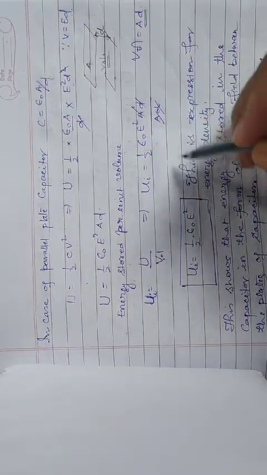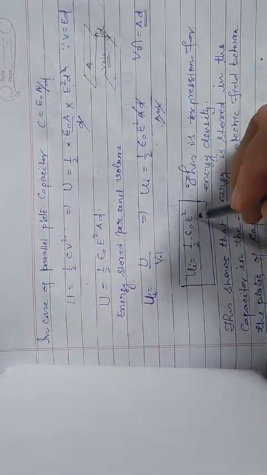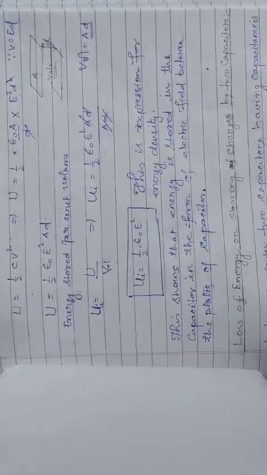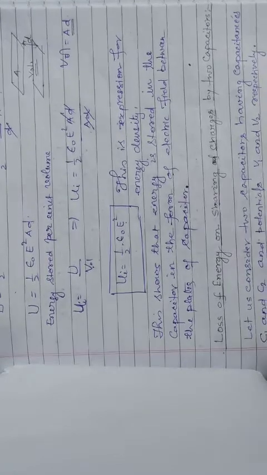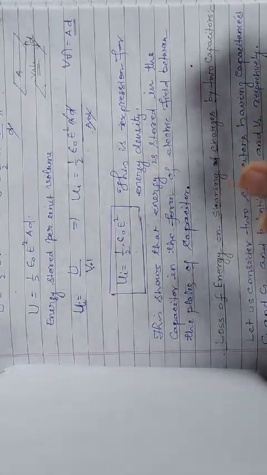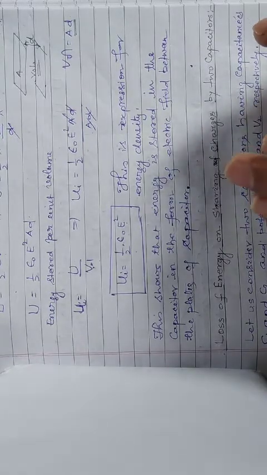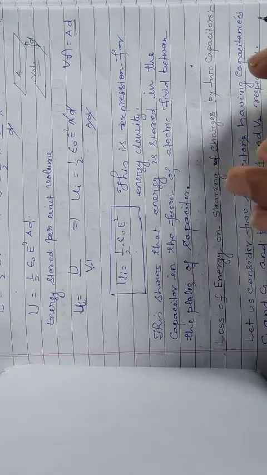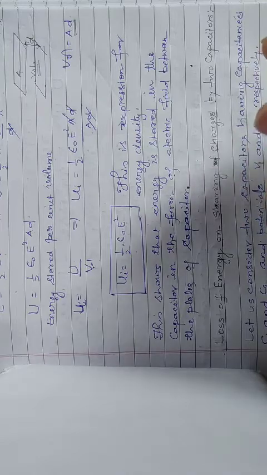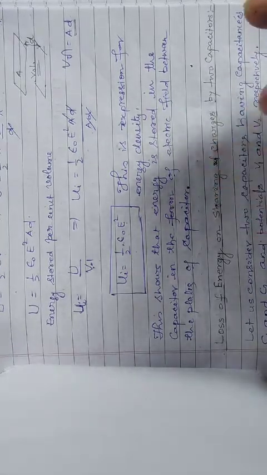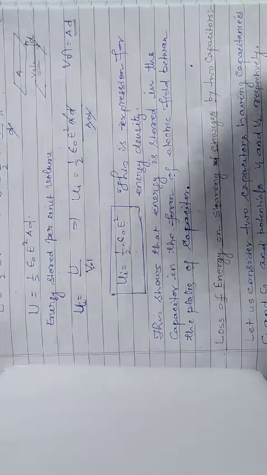Put the values, you will get half epsilon naught E square. This is the expression for energy density, from which we come to know that the energy stored between the plates of the capacitor is stored in the form of electric field between the plates.